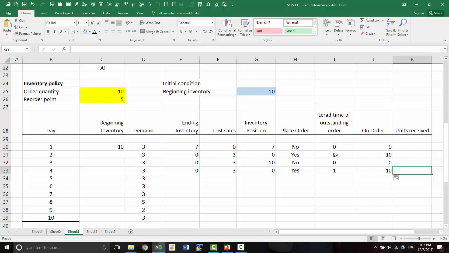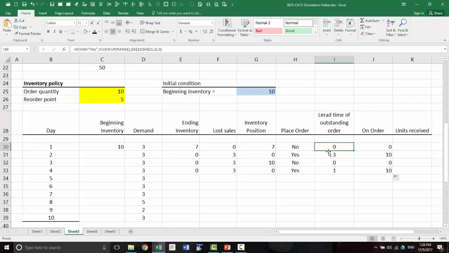And for that, we need to change the lead time formula. So instead of saying 0, if there is no order, you have to see whether there is an order outstanding, in which case the lead time will be the same as what it was previously, right?